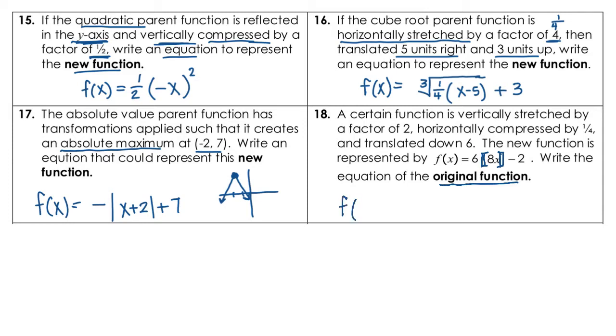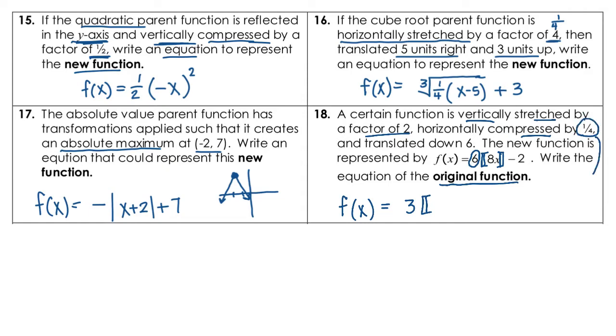So my original function would be, and so let's start here, vertically stretched by a factor of 2. So that means on the outside I multiplied something by 2. So I can undo that by dividing, and that's going to give me a 3 for the outside. Okay, now let's go ahead and look on the inside, horizontally compressed by 1/4.